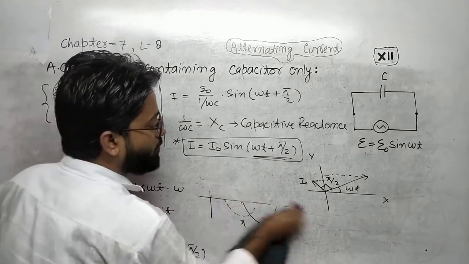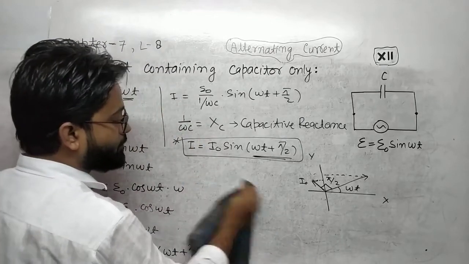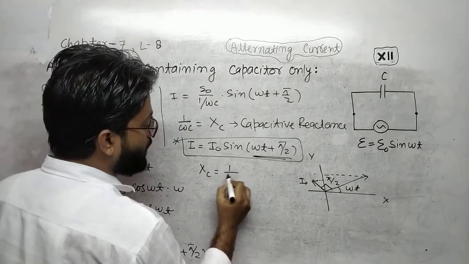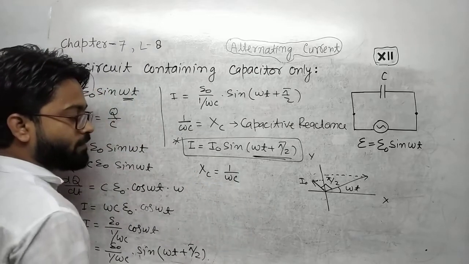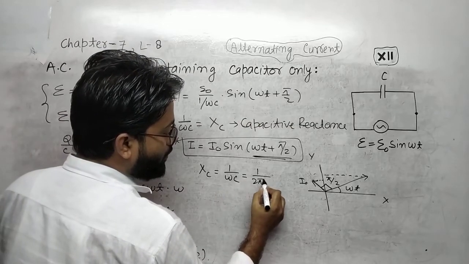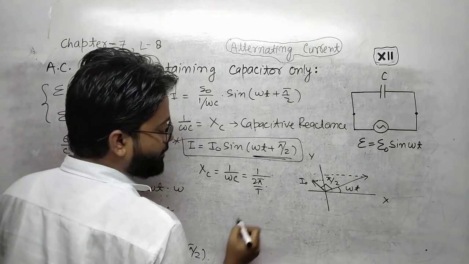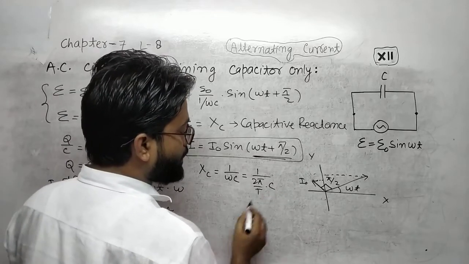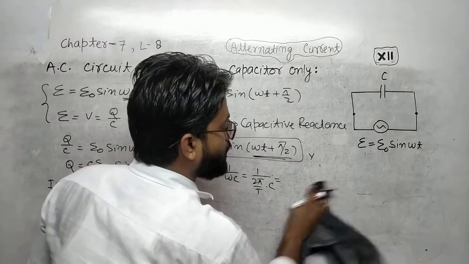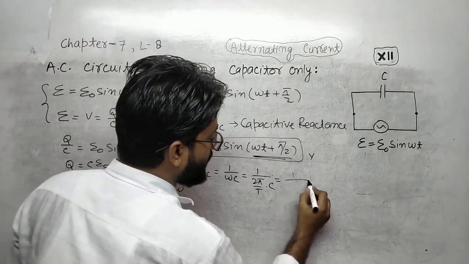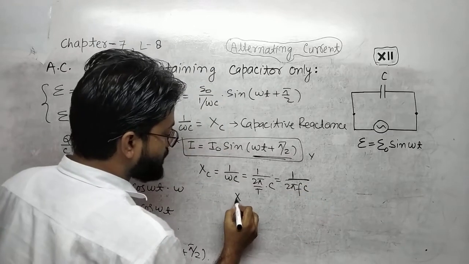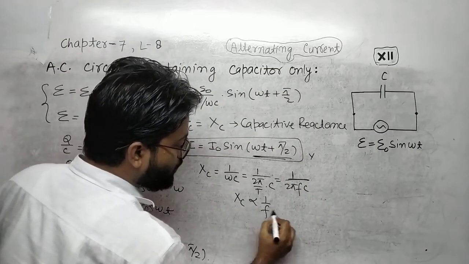You know that Xc is equal to 1 upon omega C. You can write 1 upon 2 pi by T into C, which is 1 upon 2 pi f C. So Xc is inversely proportional to frequency.